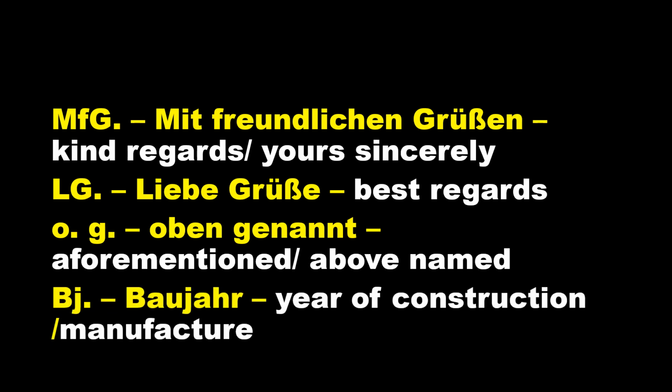Next one here is Bj, that is Baujahr. English equivalent for this is year of construction or year of manufacture.